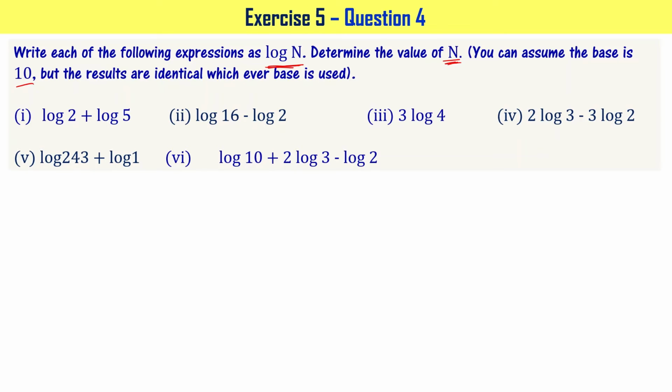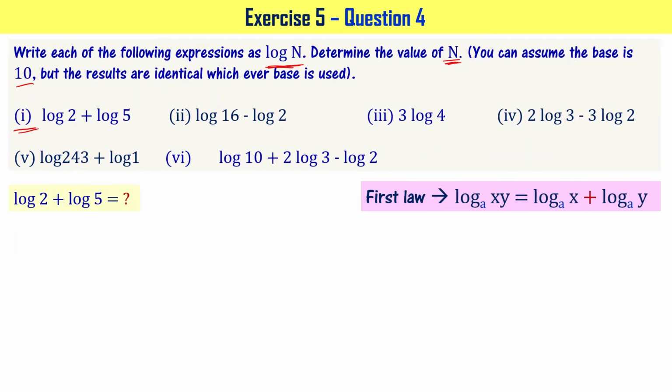Let's start looking at expression by expression. The first one is log 2 plus log 5. We want to find the value of log 2 plus log 5. You may recall the first law of logarithms, that is log of xy equal to log x plus log y.